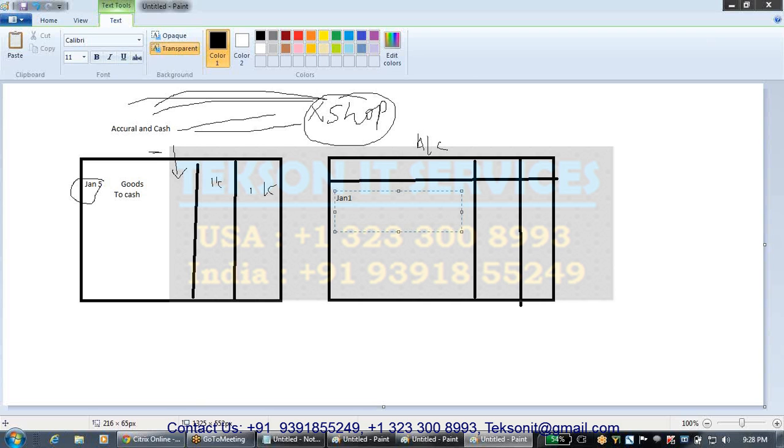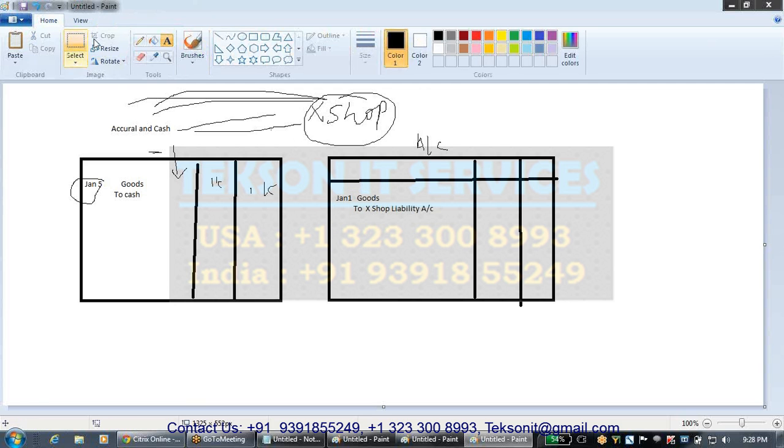If it is accrual basis, the invoice day itself you treat as an expenditure. So you are saying goods to X shop liability. What is the amount? 1K.